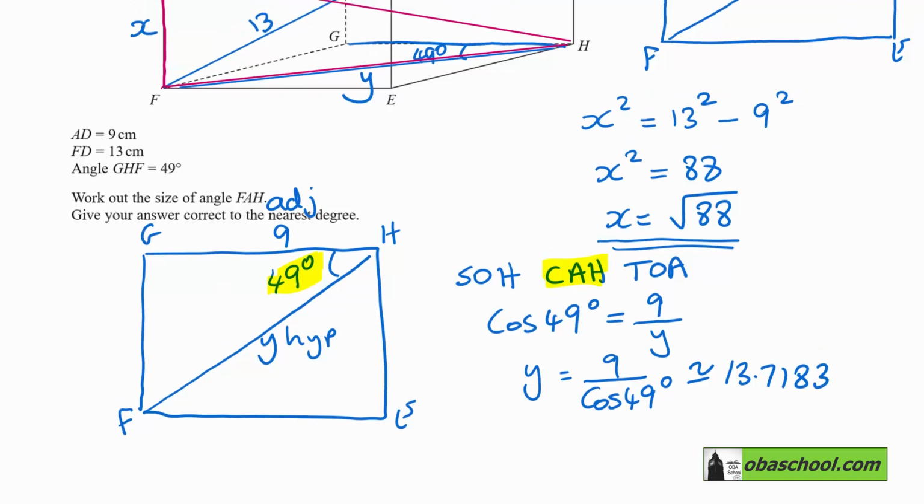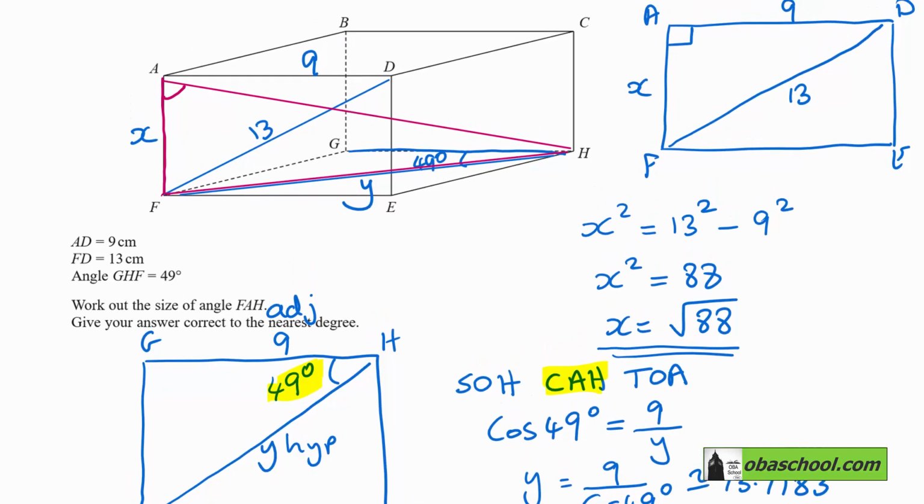Now, if we go to the triangle that we marked in red, we're trying to work out this angle just up here. We know that the opposite is the value of Y that we've just worked out. And we know that the adjacent is the value of X, which we have up here.